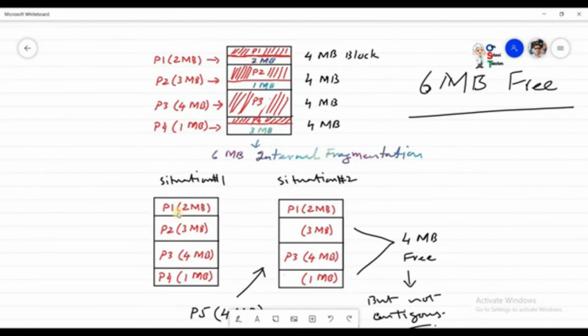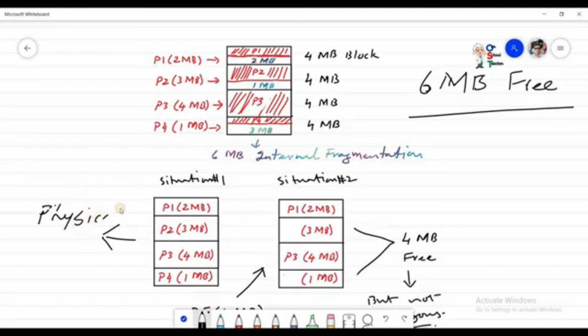As you can see, P1 requires 2 MB, so memory, this is physical memory in this situation.